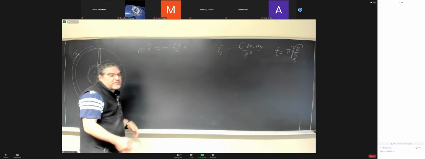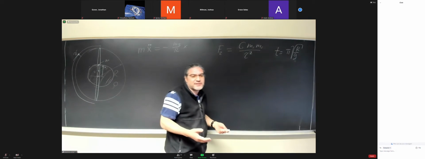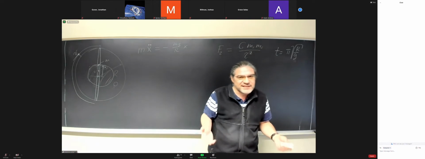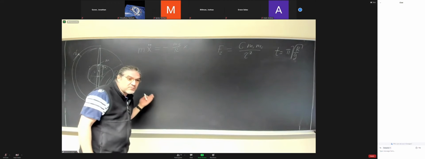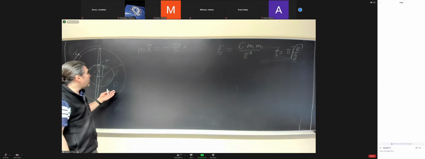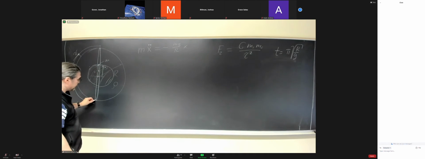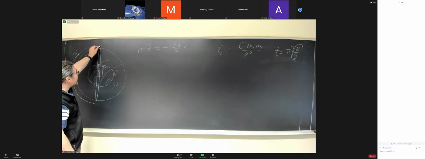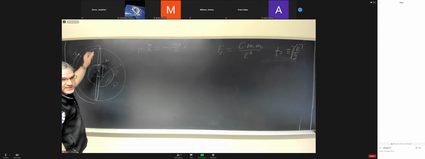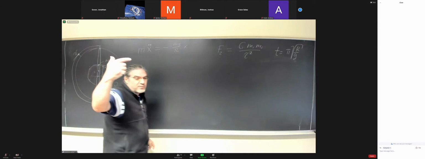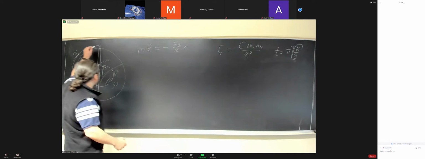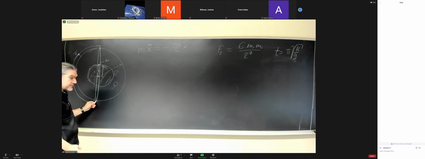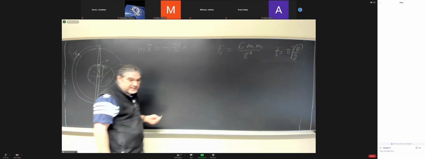And physicists tend to say that the time is the same, right? But in engineering, if you try to think about it as a mode of transportation, then of course this time is shorter, right? Because this time requires you first to put the satellite up, get it to speed, then you go around, and then here you need to bring it down, right?